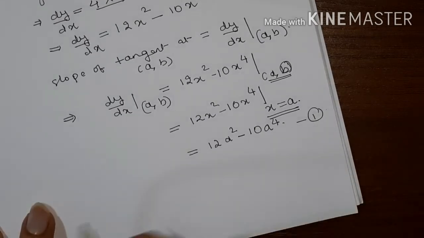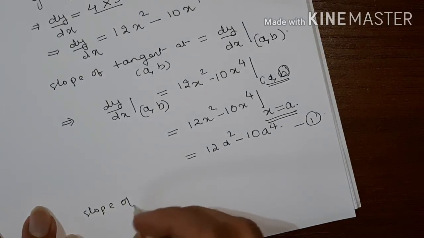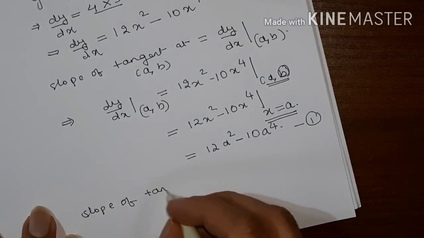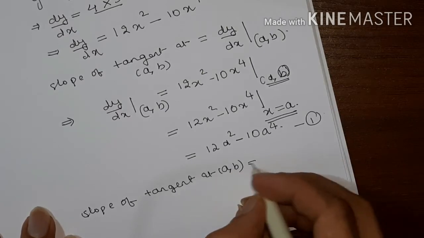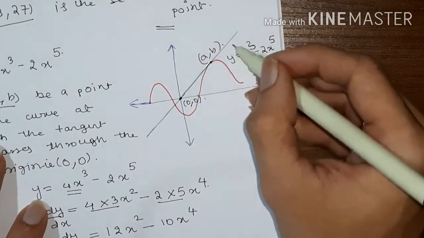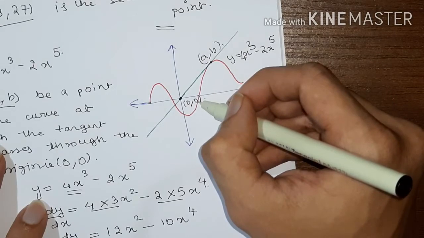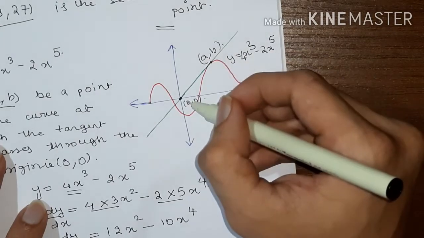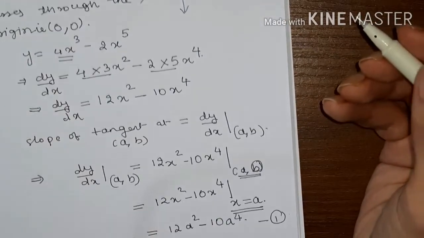Now also from the diagram, the slope of the tangent at (a, b) is, you know the formula for the slope, y2 minus y1 divided by x2 minus x1. So that we have to use here.